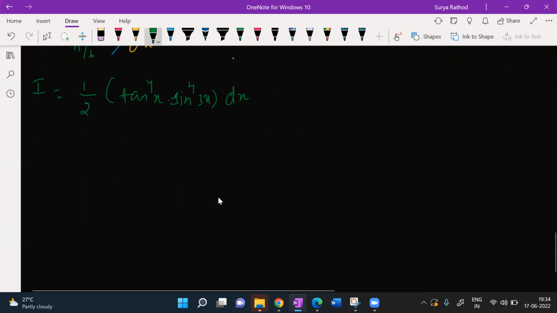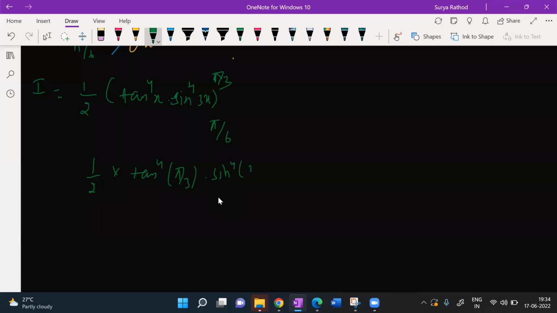So now look at this. In fact, you will be getting the limits here. So apply it: 1 by 2 times of tan to the power of 4 pi by 3 into sine to the power of 4 of 3 into pi by 3.